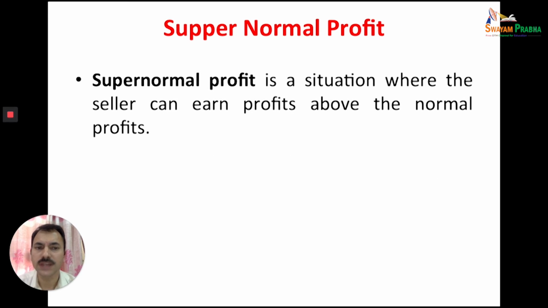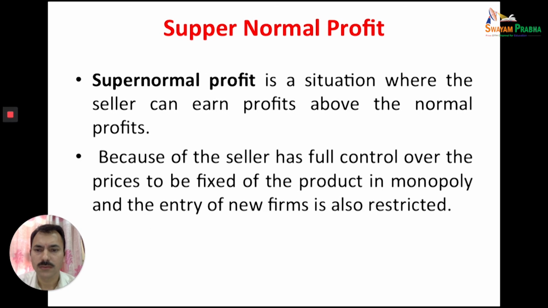Supernormal profit is a situation where the seller can earn profit above the normal profit, because the seller has full control over the price to be fixed for the product in monopoly, and the entry of new firms is also restricted. That's why the producer gets supernormal profit in the short period.